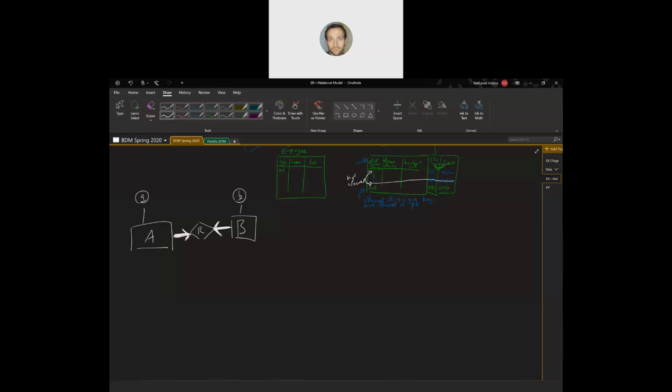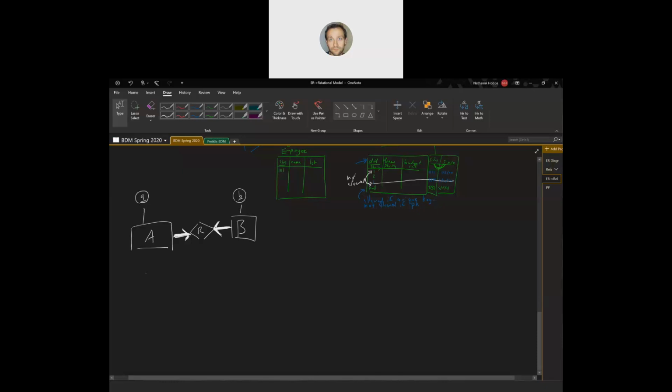Yeah, sure. So it's a one-to-one relationship. This is saying that members of A are connected to exactly one member of B, and also that one member of B is connected to exactly one member of A.